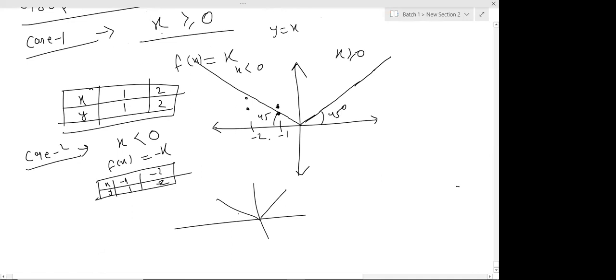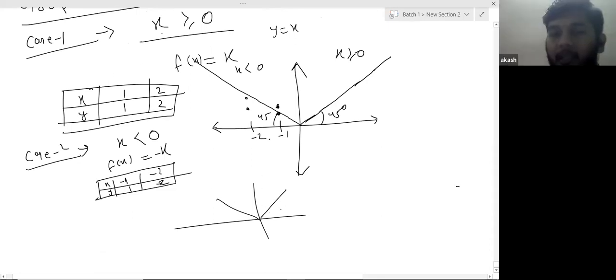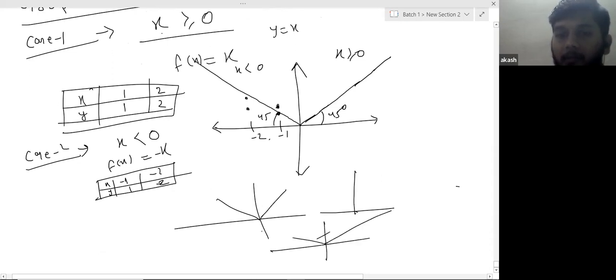All right. So how to find domain and range from a graph? See, the x-axis any graph covers. Remove the y. If you remove the y, it will look something like this.